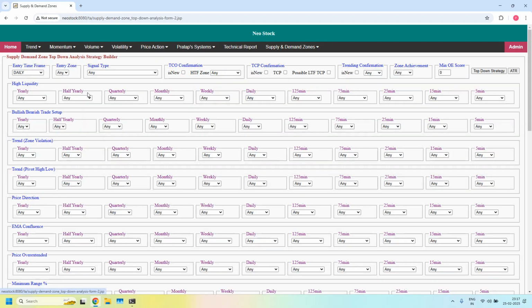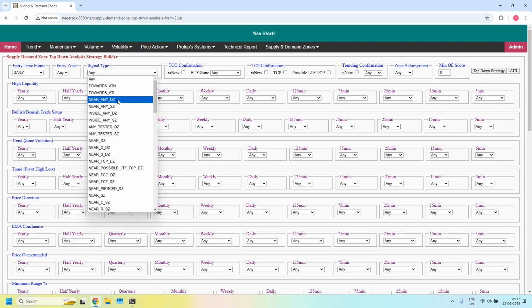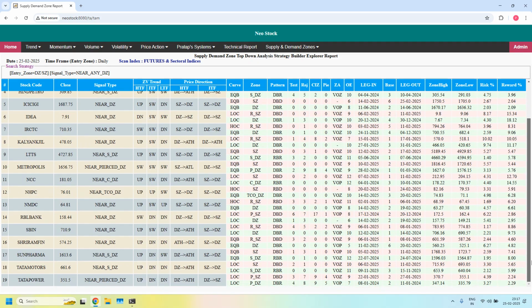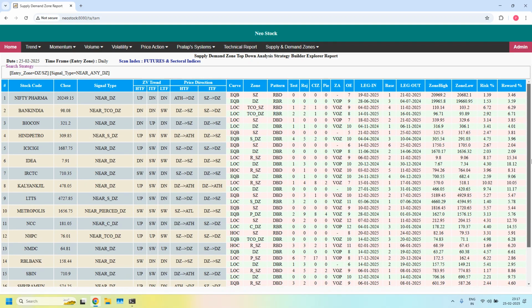Next time frame is daily. Entry time frame daily. Let us find the stocks near daily demand zone. We got 19 stocks. Let us identify high liquidity daily demand zones from this list. Hindustan Petroleum is having a high liquidity daily demand zone.